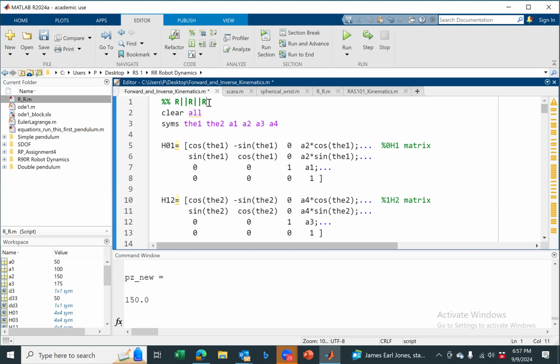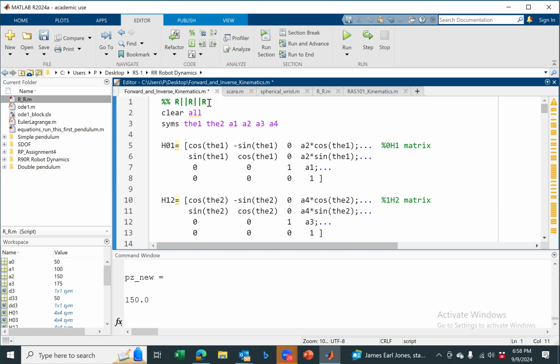How do we verify? Remember the matrix: cosine theta 1, minus sine theta 1, sine theta 1, cosine theta 1, 0, 0, then A2 cosine theta 1, A2 sine theta 1, and then A1. Is this homogeneous transformation correct?